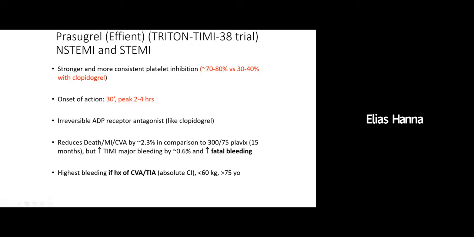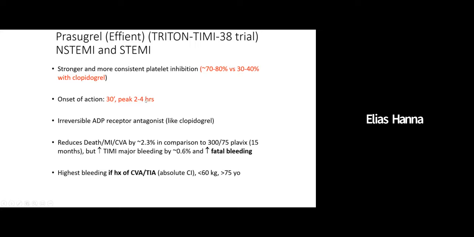So I mentioned prasugrel. So realize that prasugrel is stronger, with more potent and more consistent platelet inhibition, as opposed to the 35% with the Plavix. We have about 70 to 80% with the prasugrel. Onset of action is already at 30 minutes. It gives meaningful platelet inhibition, but it reaches that 70-80% at 2 to 4 hours.